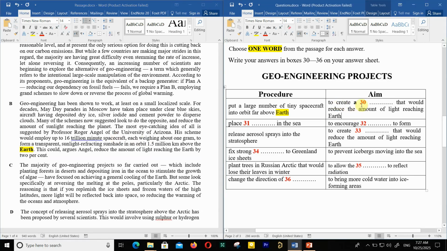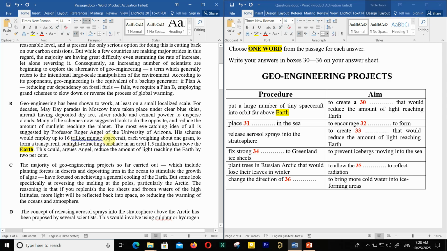So again, to create a dash that would reduce the amount of light reaching Earth. I'm going to start at the beginning of this sentence, including Earth. His scheme would employ up to 16 trillion minute spacecraft. Minute means small and tiny. You see, this is not minute as in time.